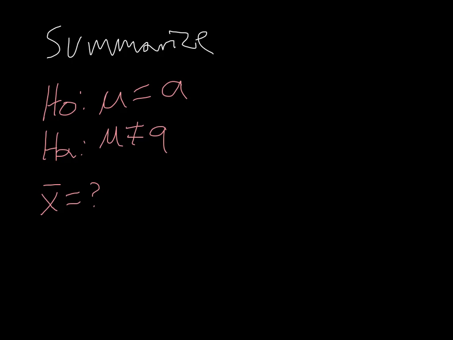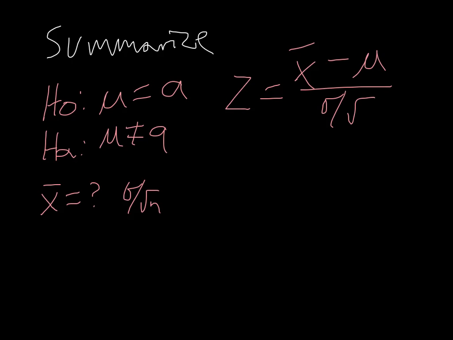Okay? And then I calculate my z statistic based on this, because once I have x bar and I have sigma over root n, I can calculate a z statistic by doing my mean minus the expected mean, which is the population mean, over sigma over root n. Okay? This is my statistic that I'm looking at, my test statistic.